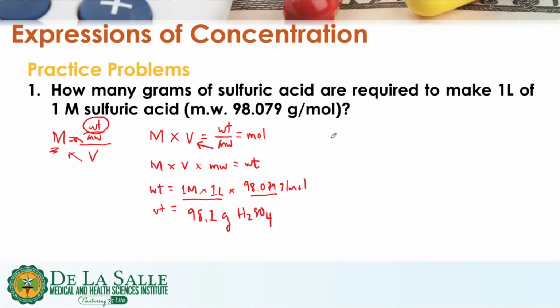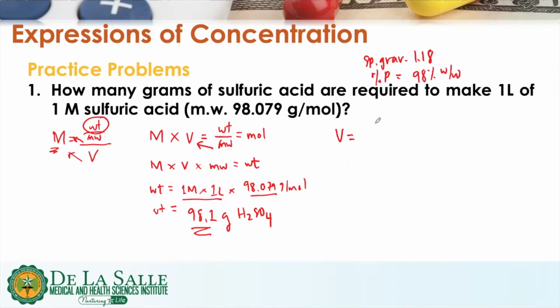If you will recall earlier, we determined the volume of the sulfuric acid equivalent to this weight of sulfuric acid using its specific gravity. Let's say the specific gravity is 1.18 and its percentage purity is 98% by weight.